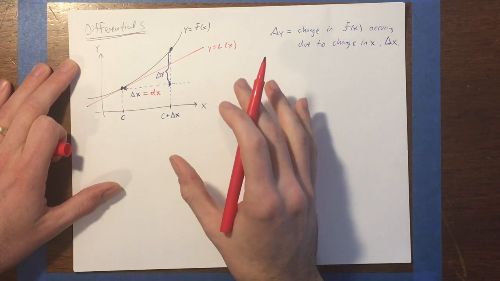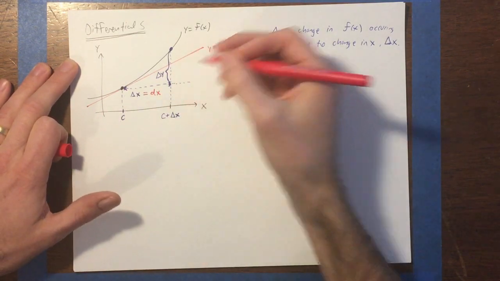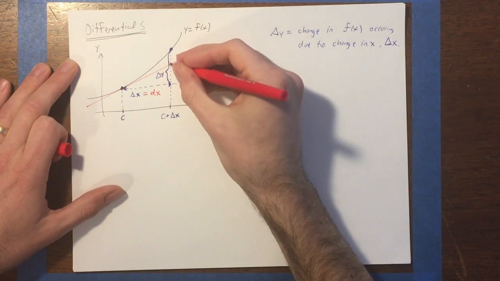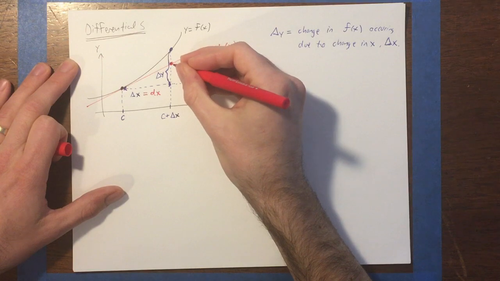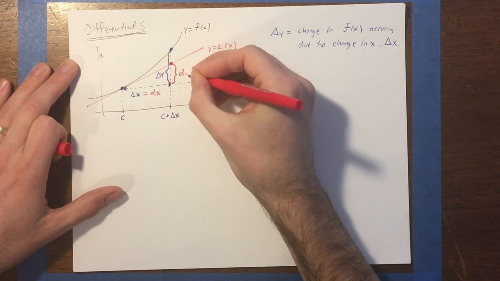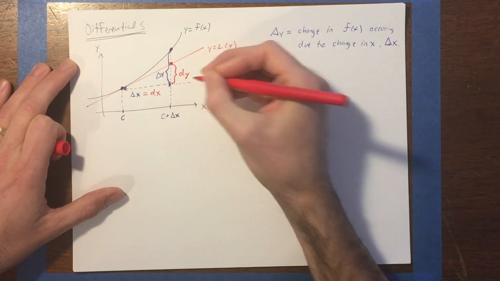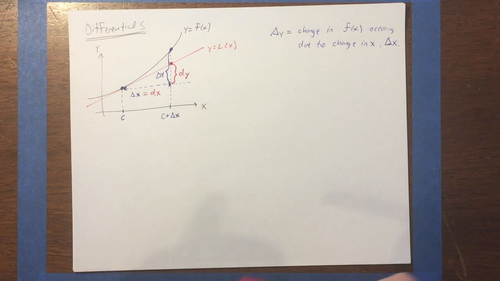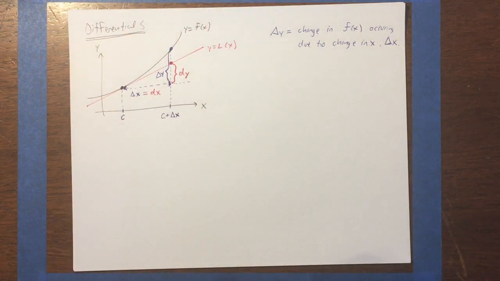But when it comes to the change in height here, the linearization changes by a different amount. Right there, that is dy. So dy is different from delta y. dy is more about the change in the linearization of that function for a corresponding change in x.